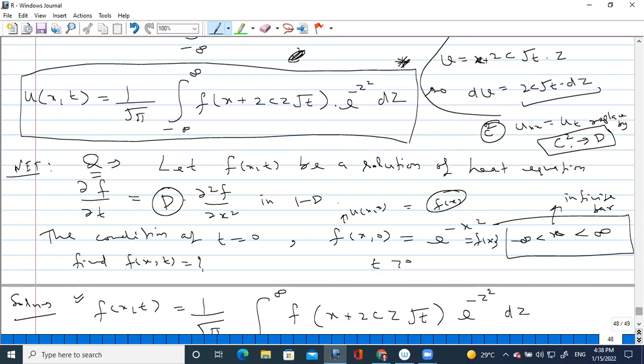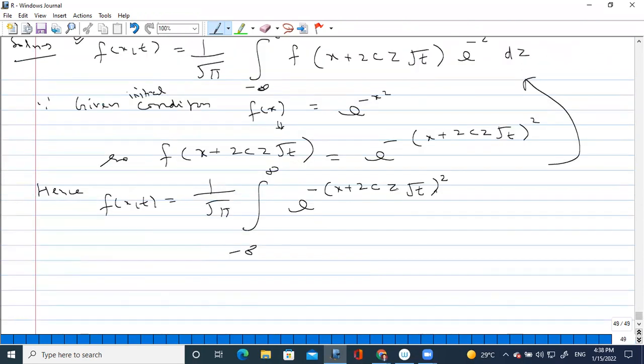So you use this formula, no problem. Whenever c square comes, there we will use d, because in the question d is given, diffusivity. So you can use it like this, into e to the power minus z square dz. Now this is e to the power this, and this is e to the power minus z square, so they will be added up.